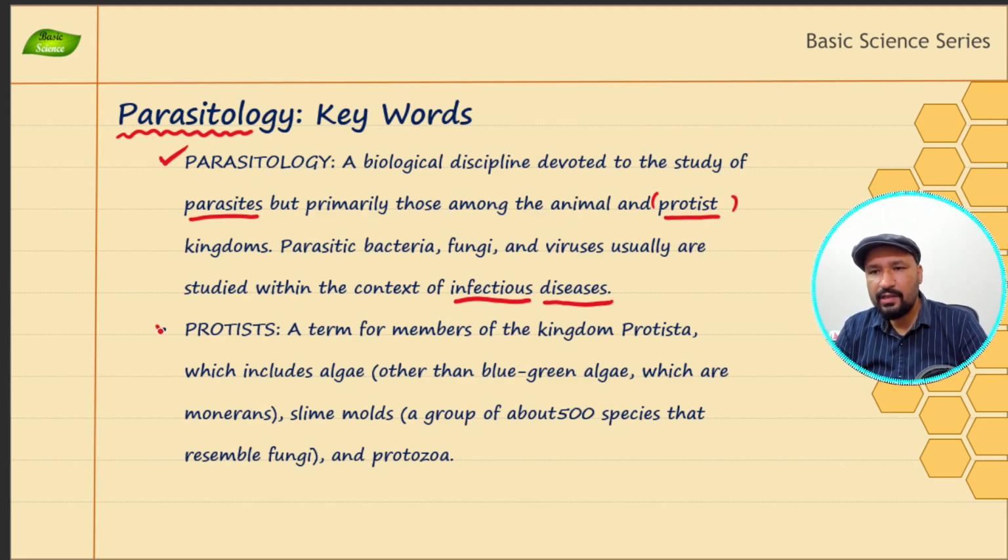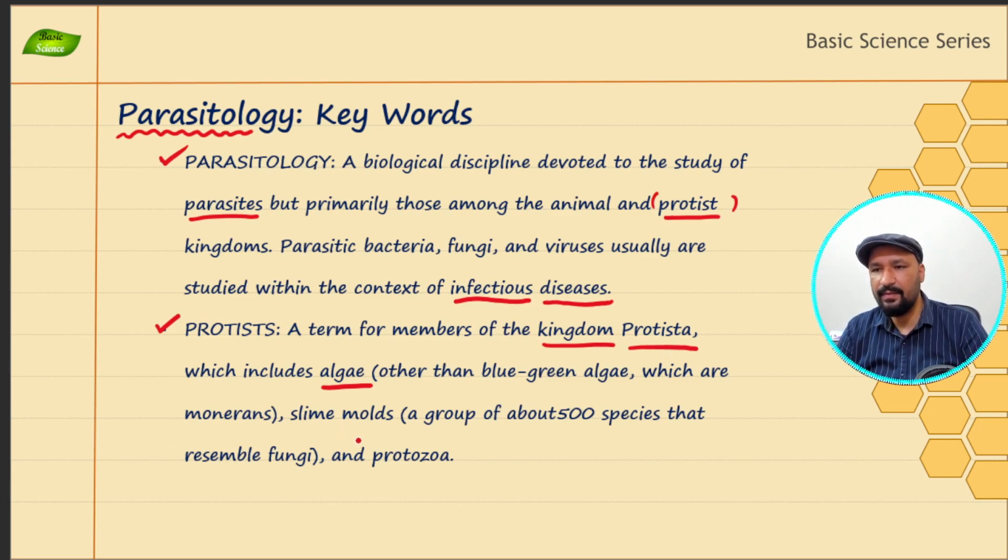Now, what are protists? That is also important. It is a term used for the members of kingdom Protista. As we all know, we classify organisms into different categories, where kingdom Protista includes all the members that have specific features, which includes algae. Algae are also in this, other than blue-green algae, which are not members of this one.